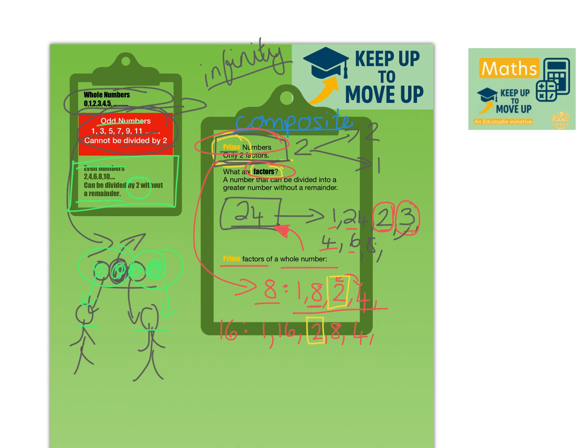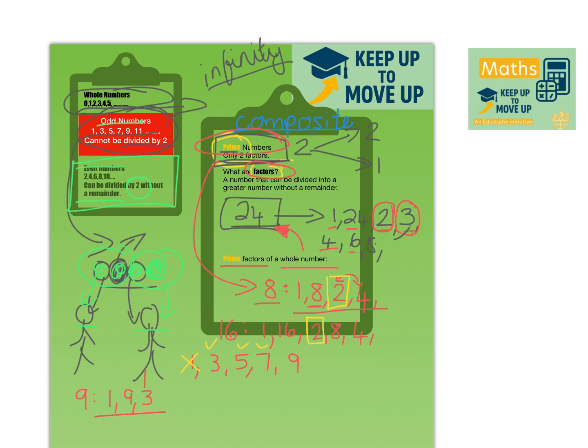Let's consider the uneven numbers. So we've got 1, which is not a prime number. 3, yes, 3 is a prime number. 5, yes, it's a prime number. 7, yes, it's a prime number. 9, wait a minute. How many factors does 9 have? The factors of 9 are 1, 9, and 3.